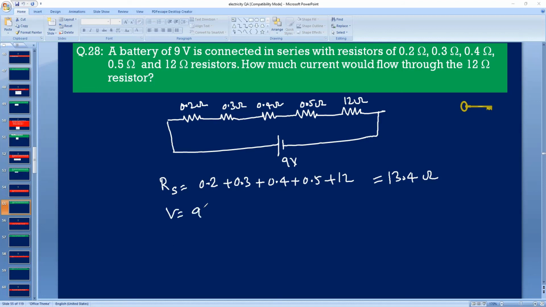So V is equal to 9 volt. Now electric current I is equal to V by R, which is 9 volt by 13.4 ohms is equal to current value 0.67 amperes. Hope this answer is clear to you.